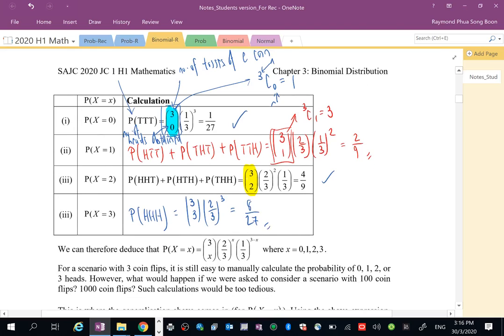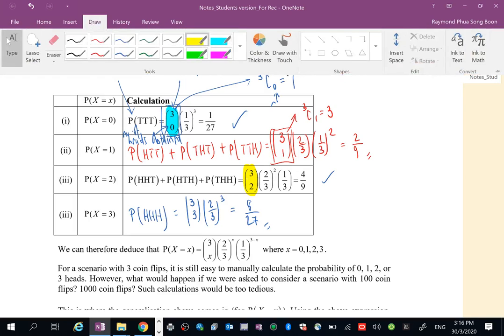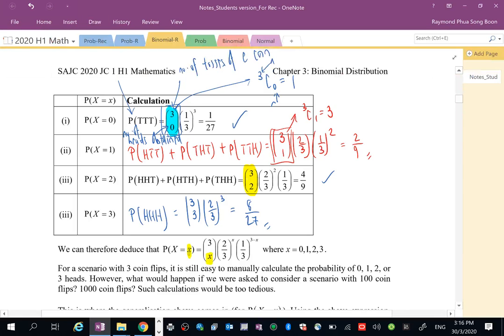Okay, so now I want you to observe this table, these four values here, here, here, and here. We can generalize or deduce that the probability that the random variable capital X takes on a particular value, small x, will always be 3 choose x. Let's look at this one.